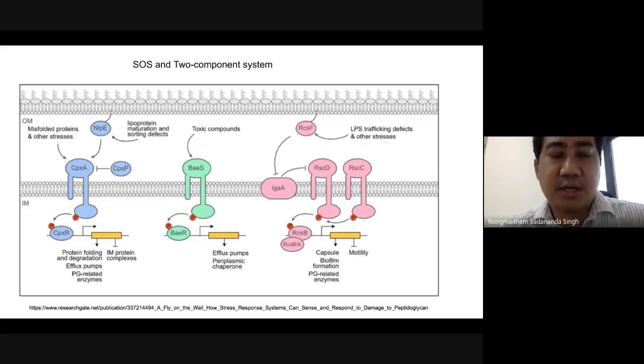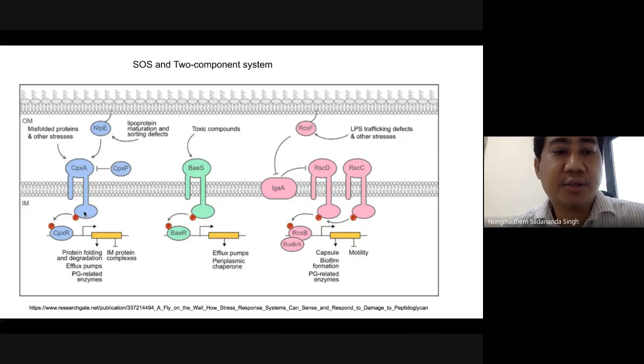When there is this disruption in the peptidoglycan or protein lipid bilayer, it activates the histidine kinase that phosphorylates one domain of itself, the cytoplasmic domain of itself. It's an autophosphorylation.